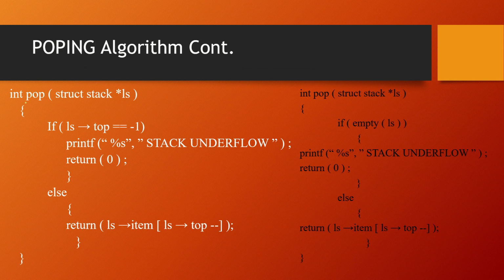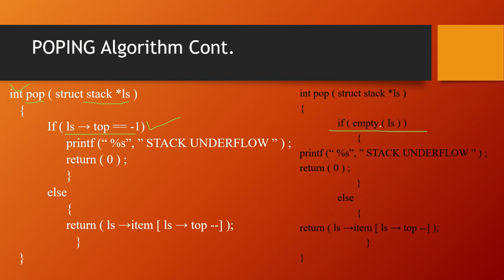So we have a function named pop, which is returning integer value. We are passing the address of stack to this pop function. So we are checking if ls top equal to -1, we are checking whether the stack is empty. Either we can do this through this statement or we can do this through this.